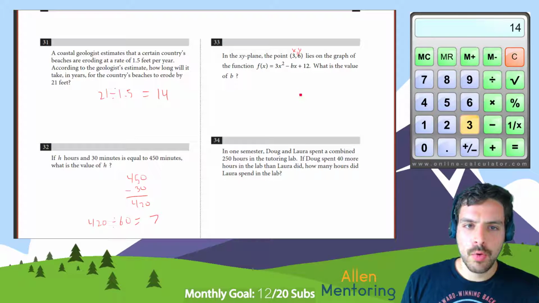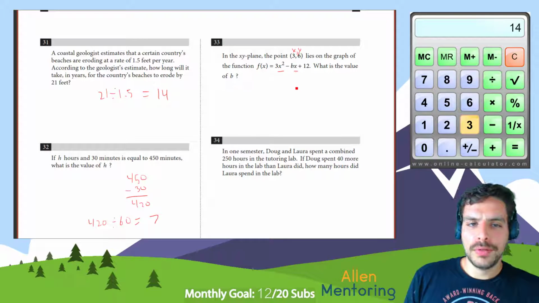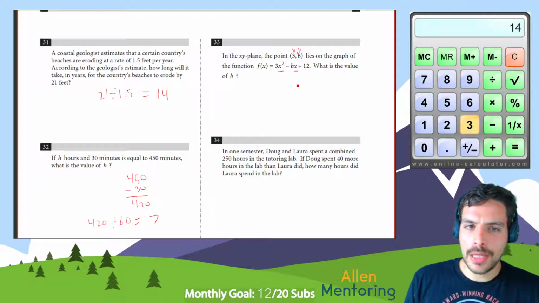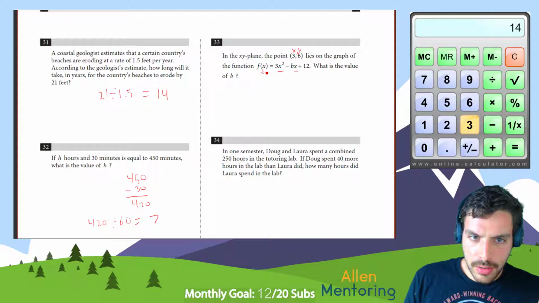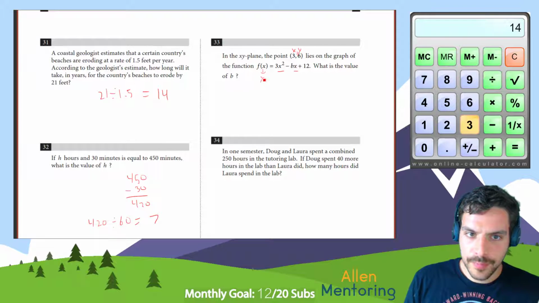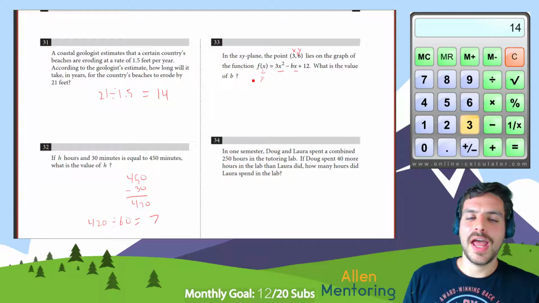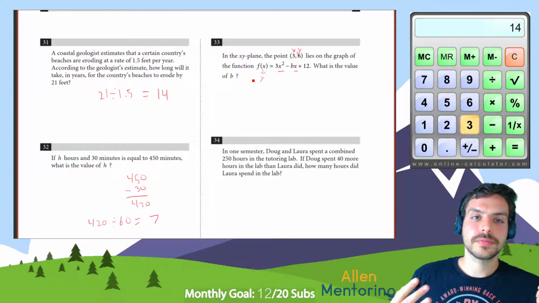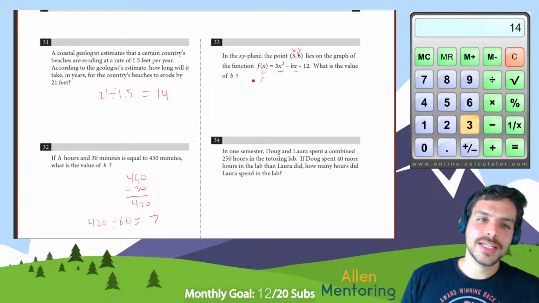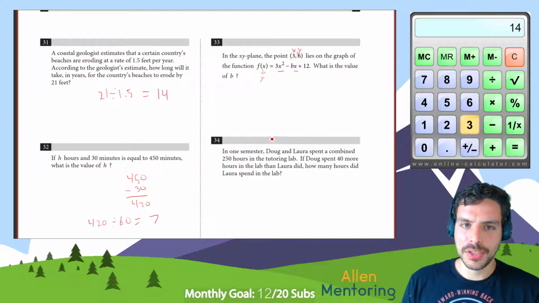I only see x's. Where's the y located? f of x right here can also be substituted to mean y. Y and f of x, when you're talking about graphs, are interchangeable. So the y-axis or the f of x axis, pretty much the same thing.